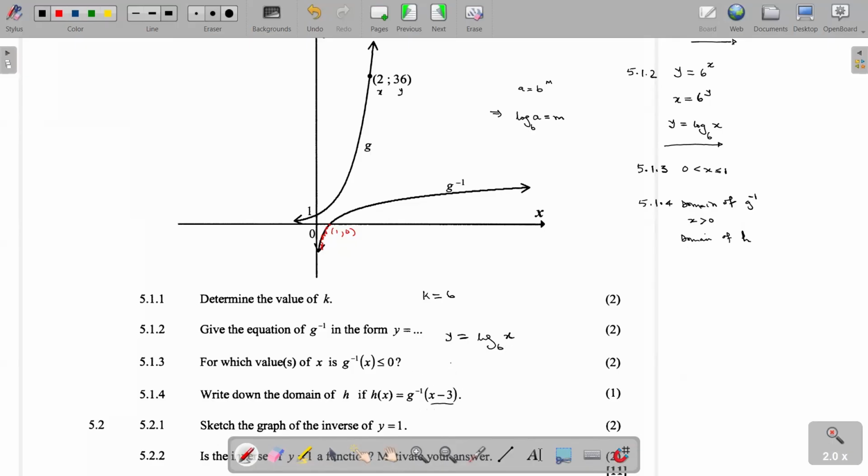This transformation simply means the graph has been shifted 3 units to the right.